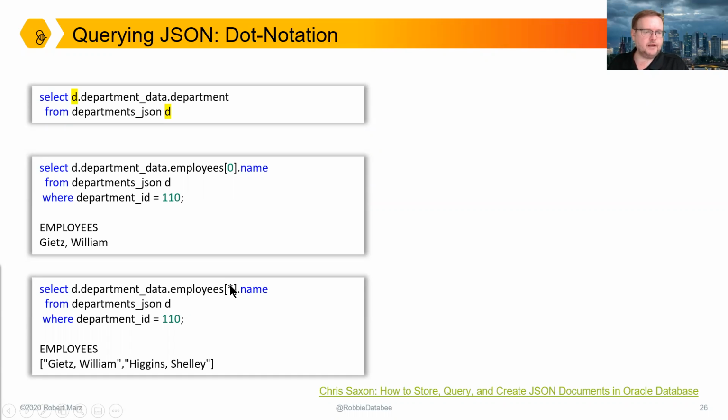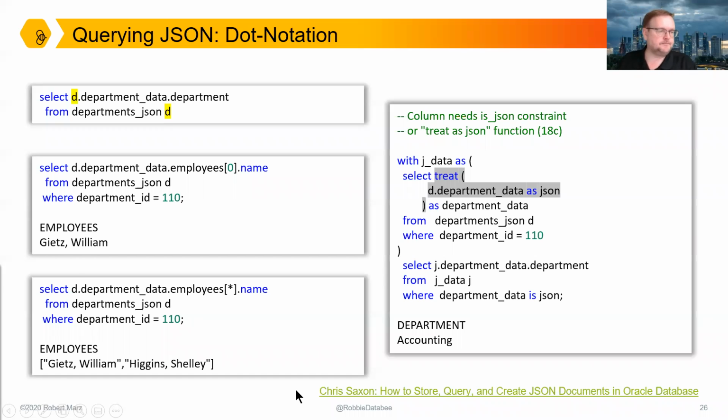If we put a star instead of the reference of the first element, we are getting a JSON array back because there are more than one employees in this department. Again, I took these examples from the Chris Saxon blog post, so you can read all the details there. If you want to use the dot notation, your column needs an IS JSON constraint.